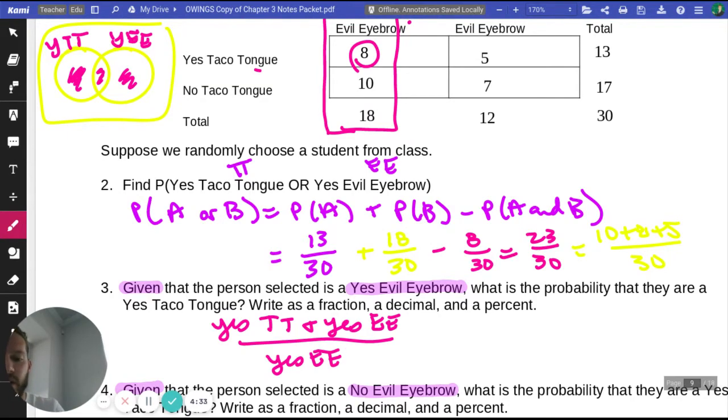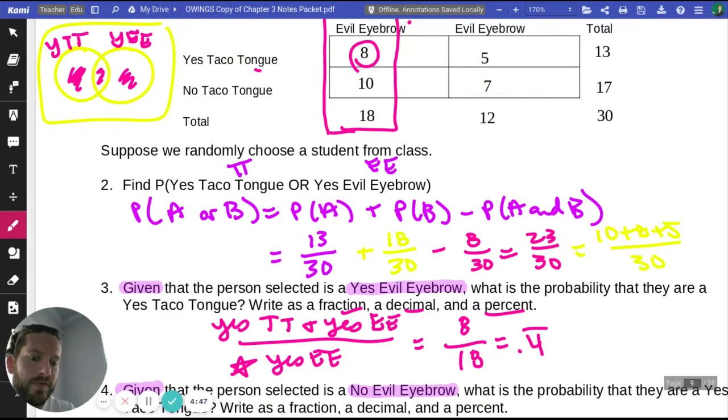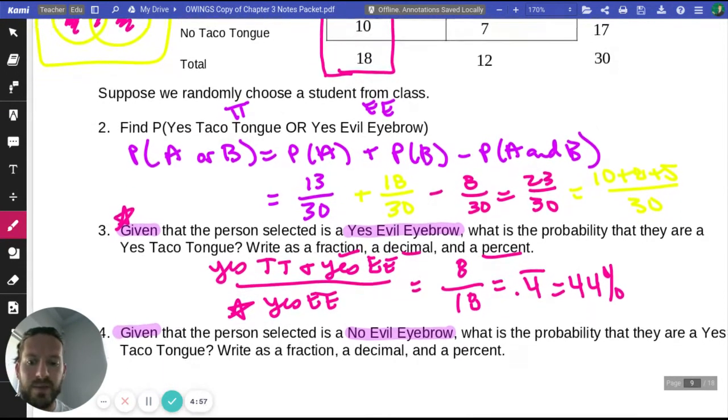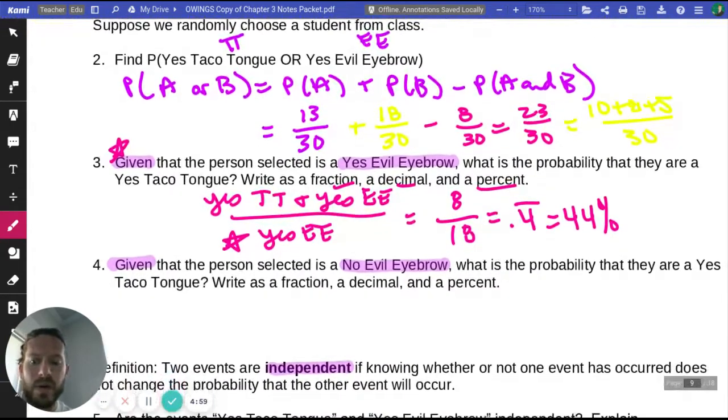So notice we are changing our denominator here. We're not just taking it out of 30, but instead we're now taking it out of just those people who can do evil eyebrow, which is 18. 8 divided by 18, we want as a fraction, decimal and a percentage. That's going to be 0.4 repeating, which will be approximately 44%. So that word given is important. We'll come back to that once we've done the second problem.